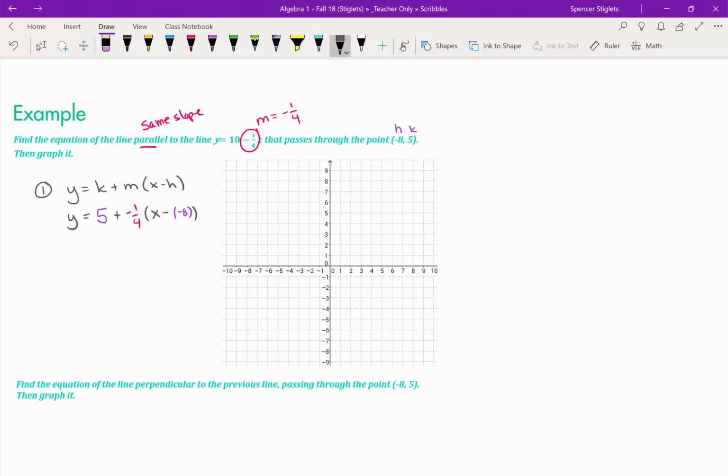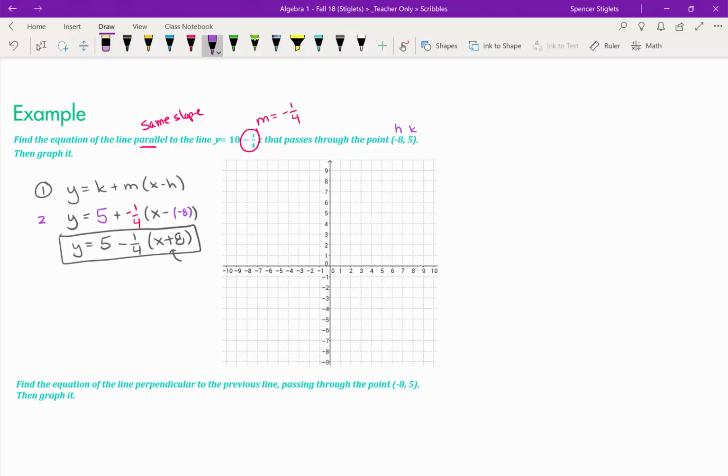So this right here, technically I could rewrite as y equals 5 minus 1/4 times x plus 8. That is absolutely a legit equation for the line. We're basically just going to subtract 1/4 over and over again, some number of times as dictated by x plus 8.